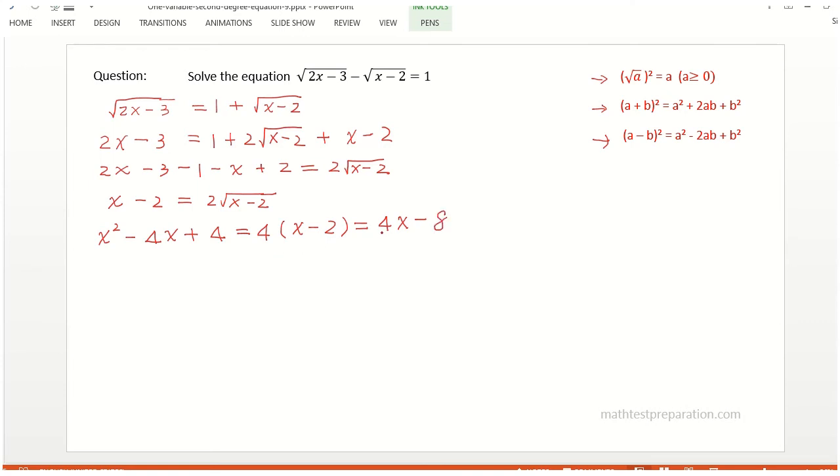Now move the 4x and the negative 8 to the left side of the equation. We have x squared subtract 4x plus 4 subtract 4x plus 8 equals to 0.